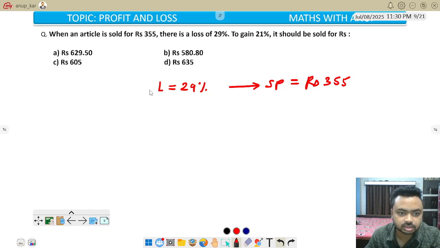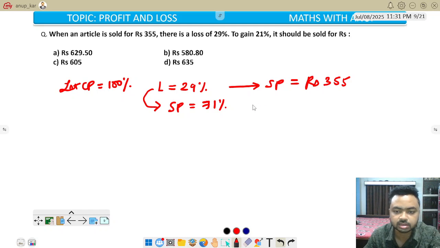Here in this case, let's consider CP equal to 100%. So my SP will obviously be 71%. Why? Because CP minus loss percentage. I hope it is clear.